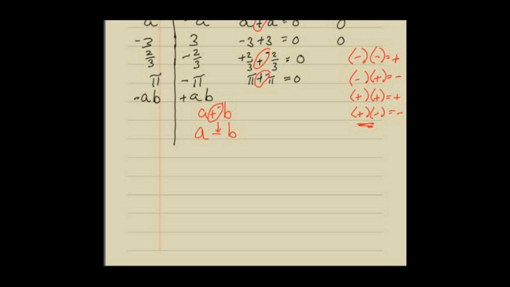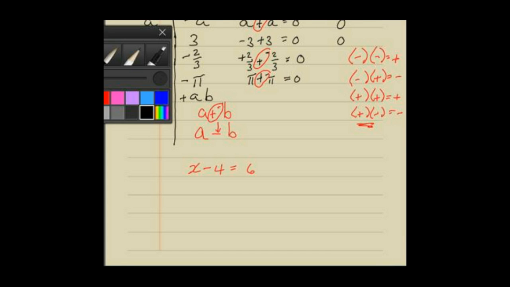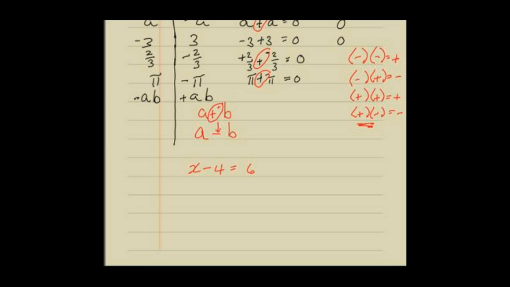Okay, now we're going to look at the mechanics of solving a simple equation. So let's look at the equation x minus 4 is equal to 6. The first thing that we need to do is isolate the variable.